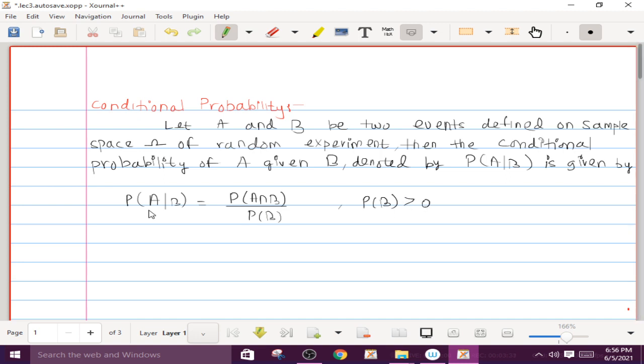Obviously probability of B is always greater than or equal to 0, but it should not be 0.